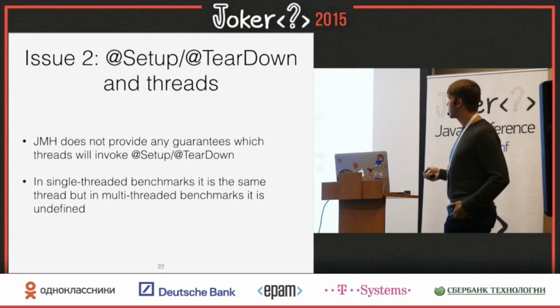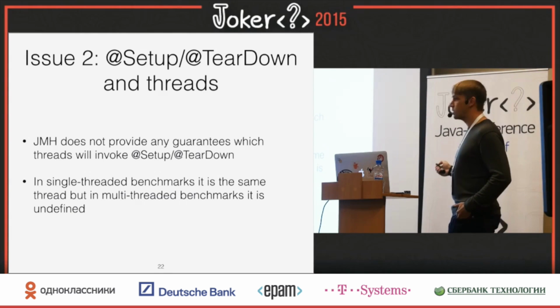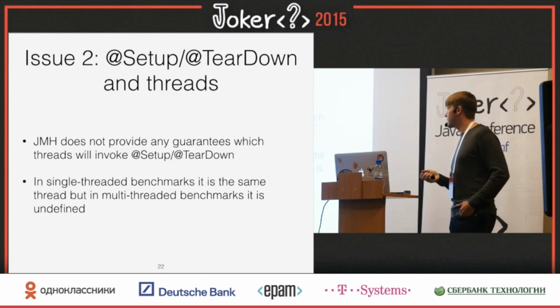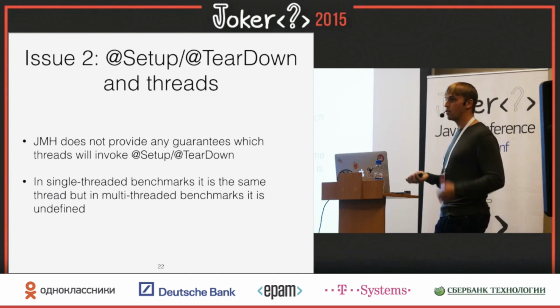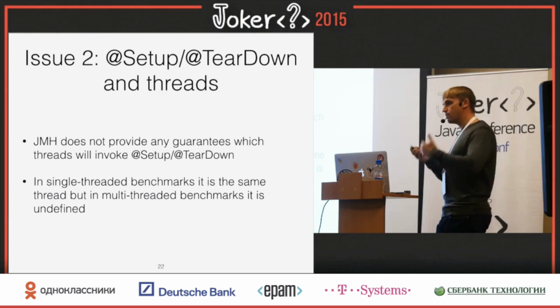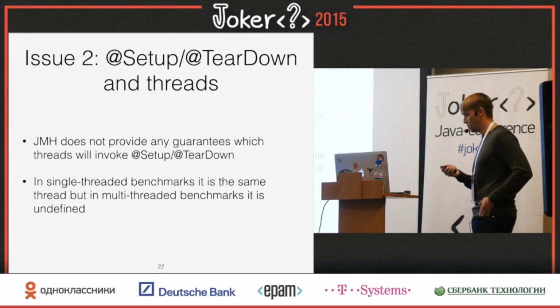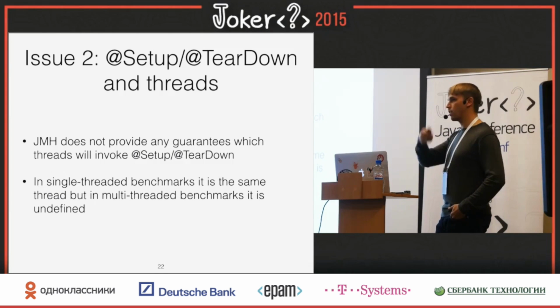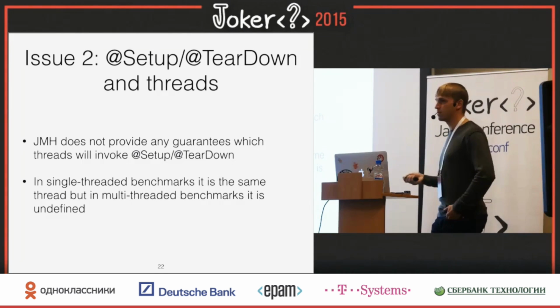But if you have more than one thread, you can have thread 1 doing setup and thread 4 come and do teardown. The result is, if in setup you created some kind of running server and hooked it into a thread local, in the teardown you cannot shut it down because there is no thread local in the thread you want to do it. So we had to do some massaging on our side to make sure that the stuff that we run, we can shut down from any thread.